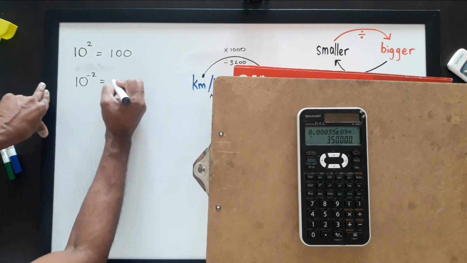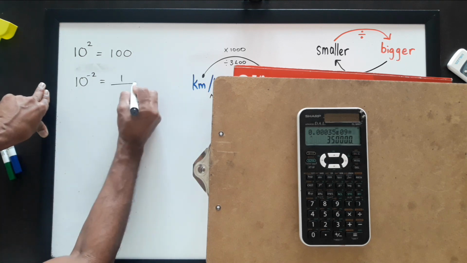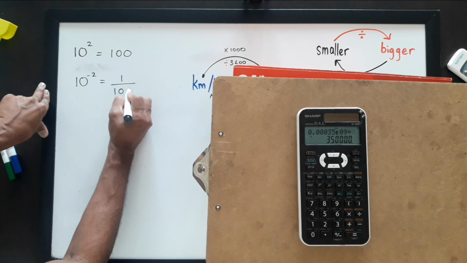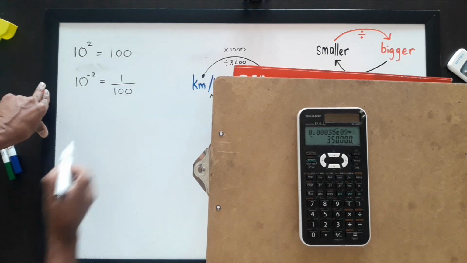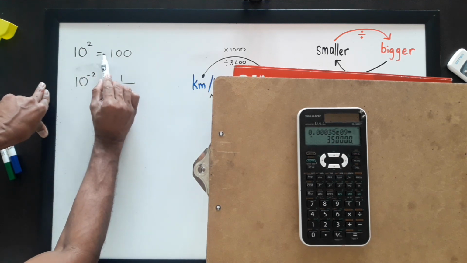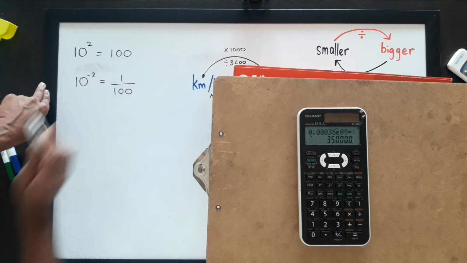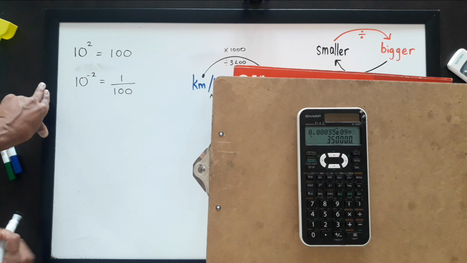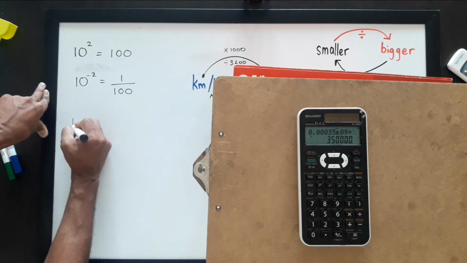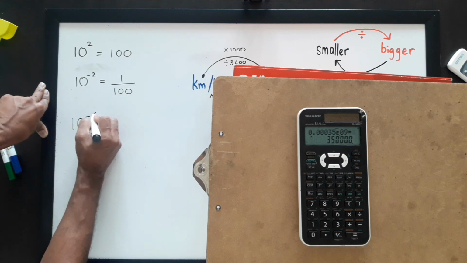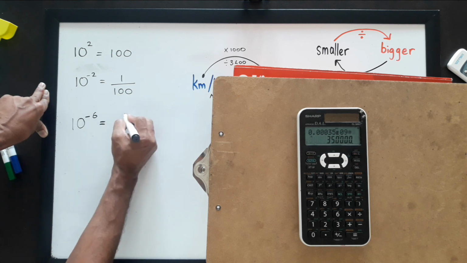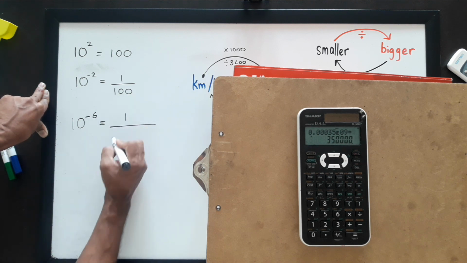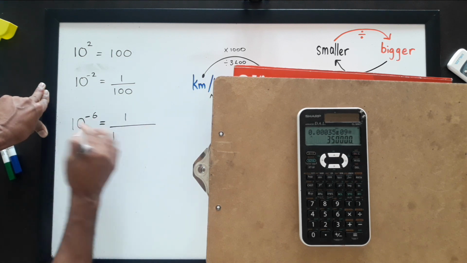Well, this means 1 divided by a 1 with 2 zeros. So 10 to the power 2, if I had something here, means we'll be multiplying by 100. But 10 to the power minus 2 means we are dividing by 100. So if I have 10 to the power minus 6, this is really 1, and underneath I have a 1 with how many zeros?